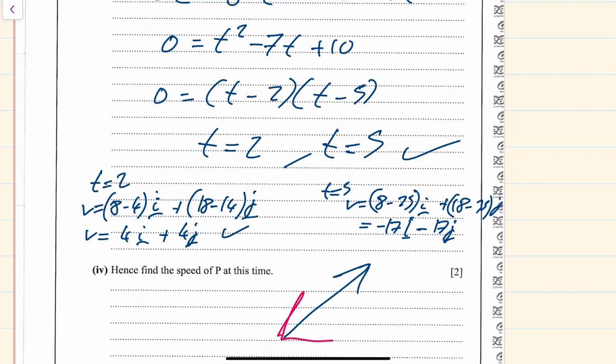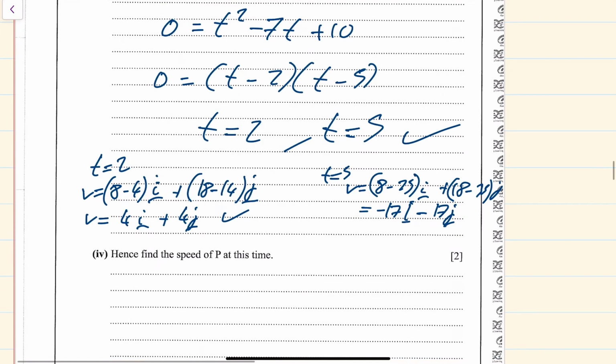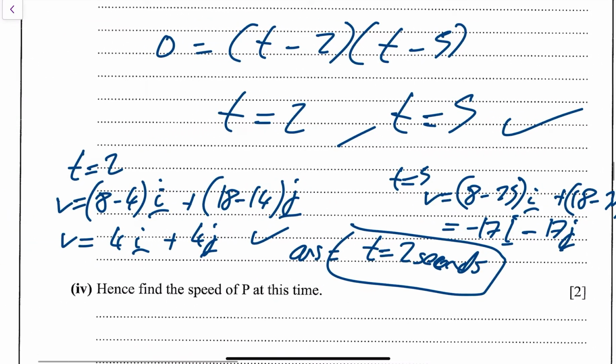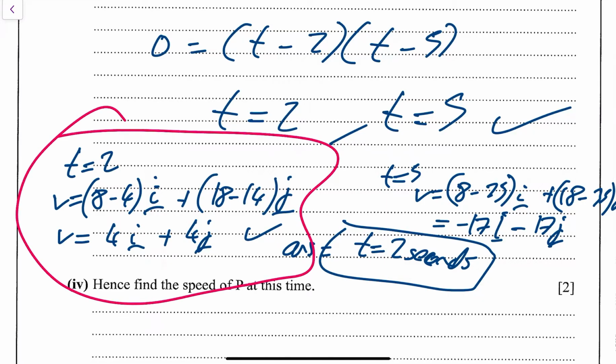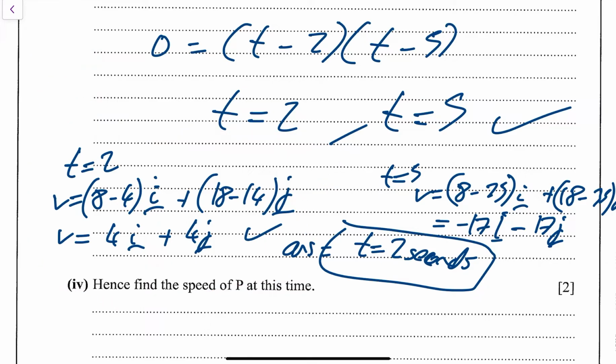That's as good as the mathematics can go, but you've got to interpret it. So my answer is t is equal to 2 seconds. The one on the left is going at your 45 degrees, so that's why we're looking at that one. Tricky enough wee question.